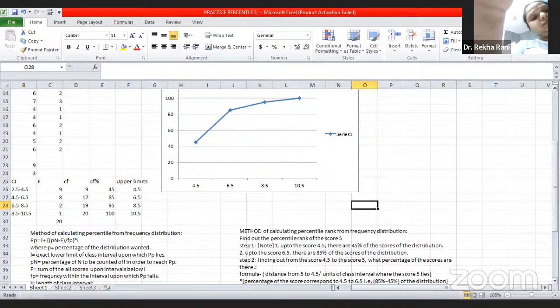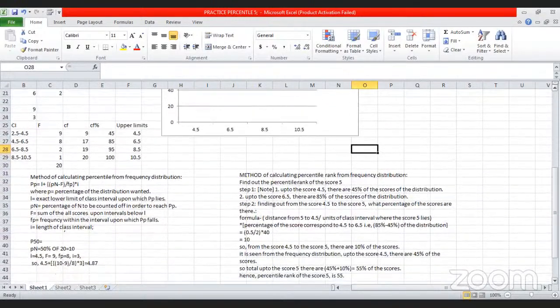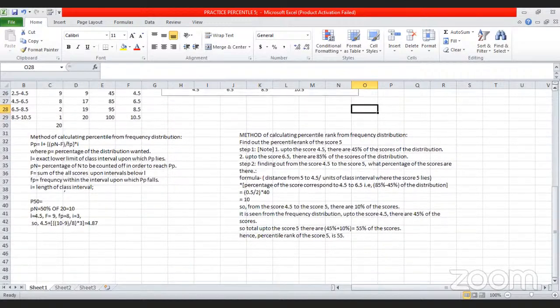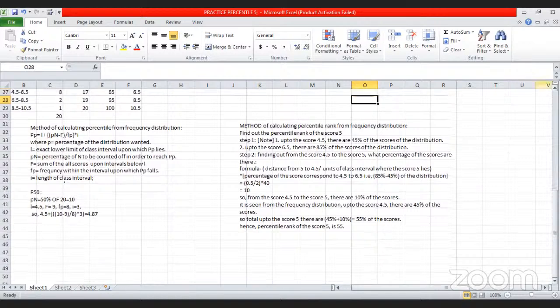Now we will give you an assignment and you have to calculate. The assignment is about the P75 and P85, that will be given to you later.